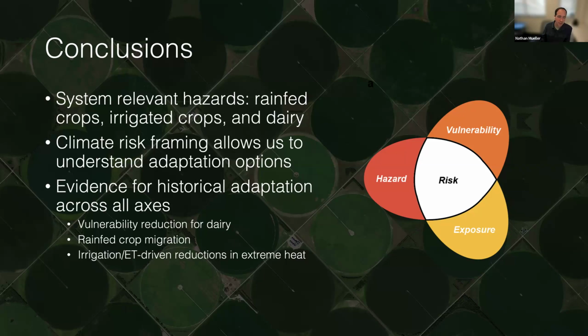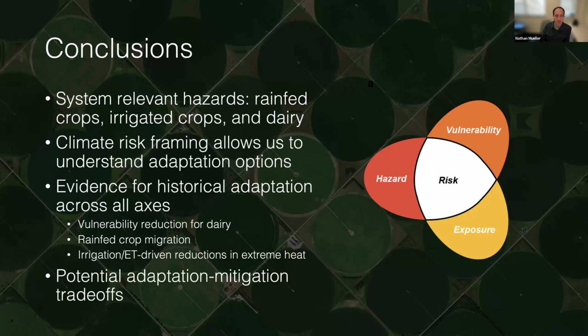So the vulnerability reduction for dairy, rain-fed crop migration, as well as reductions in hazard from changes in irrigation and evapotranspiration. And then lastly, the importance when we're thinking about adaptation to think about trade-offs with adaptation for mitigation or other sustainability goals.